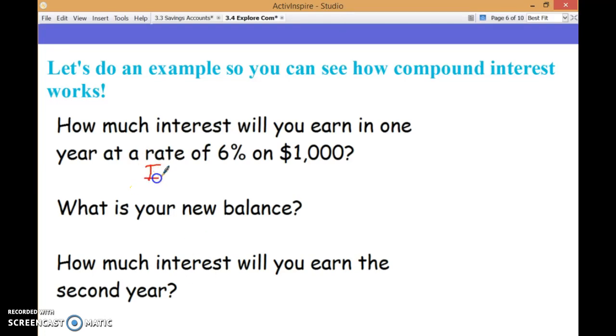Interest equals principal. So my principal here is 1,000 times my rate, which is 0.06, times my time. It's in 1 year, so I'm just going to plug in 1 here. So my interest for this problem is going to be $60 when I plug that into my calculator.